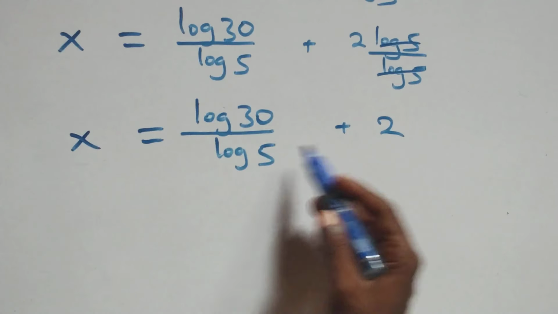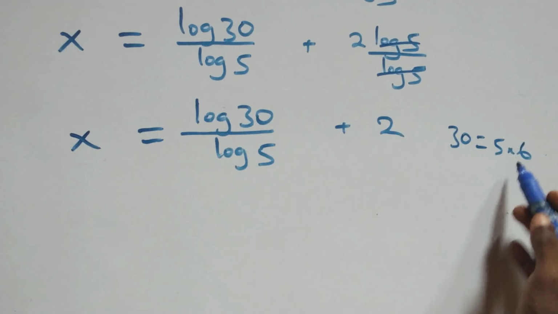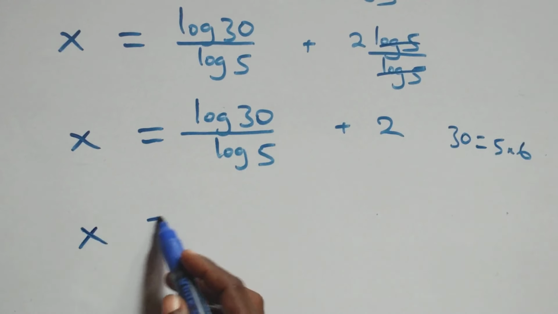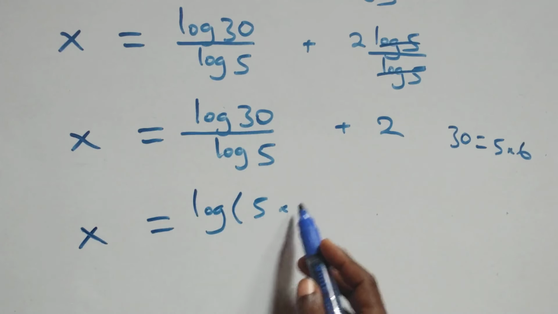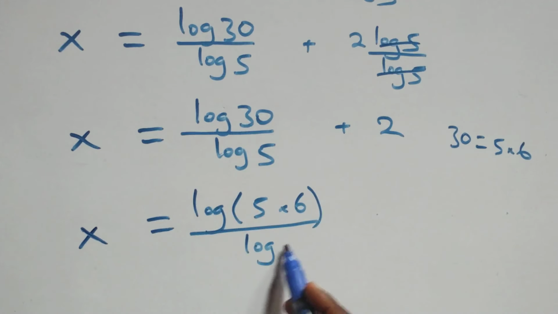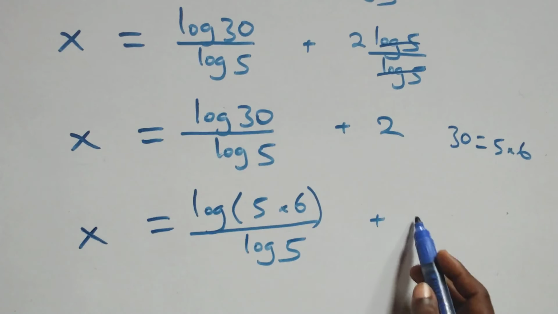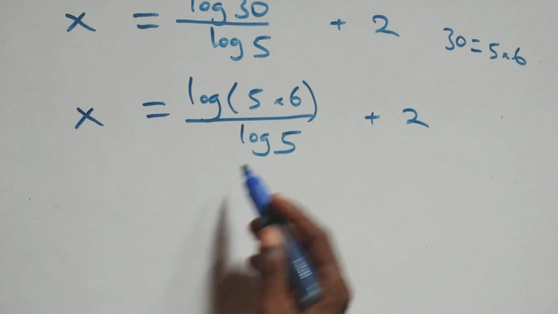That is, next step also, 30 can be written as 5 times 6, which becomes x equals log 5 times 6 over log 5 plus 2. Then we apply the law of logarithm here as well.